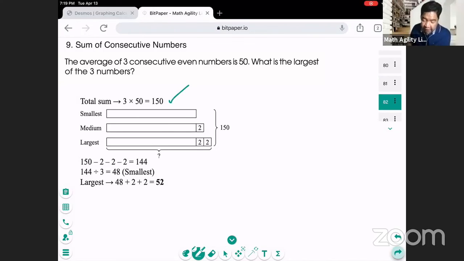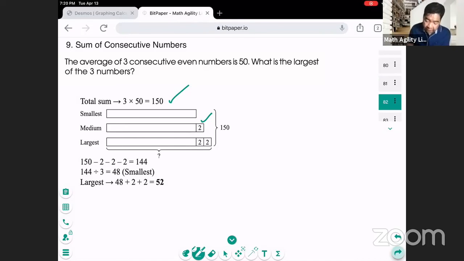So that's the first thing he did, and then he represented it visually. The smallest number is this long. The medium would be another plus 2 units here. And then the largest would be 2 plus 2, or 4 units. And the total of this would be 150, right?